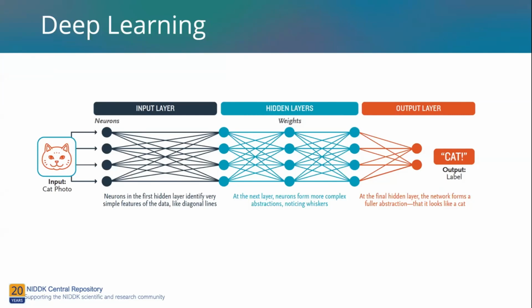The issue with deep learning, and we're going to come back to this later, is that it is not interpretable. Sometimes this is okay, sometimes it's not. What I mean is that you cannot get the weights out of these hidden layers. You cannot understand in a clear way how the model made its decisions.